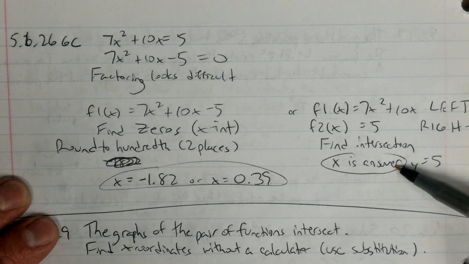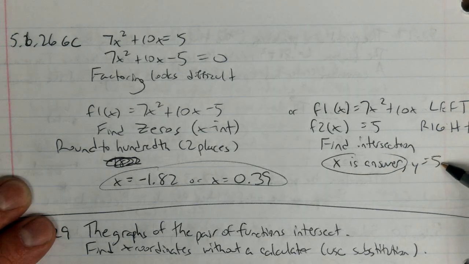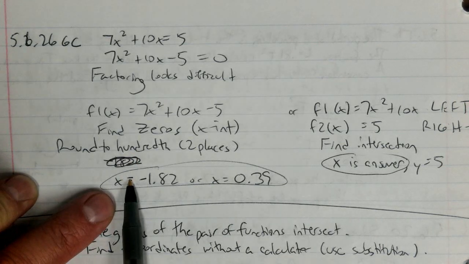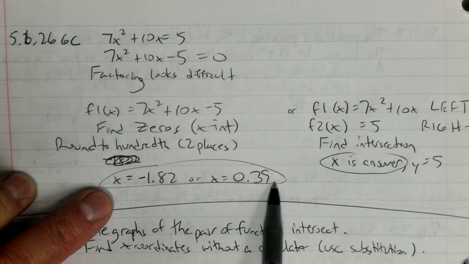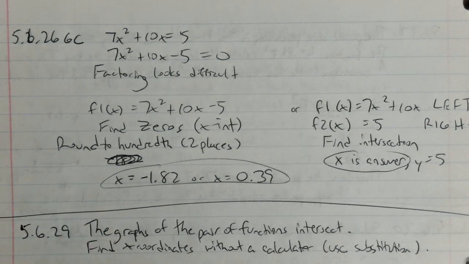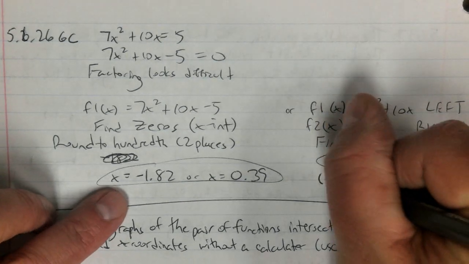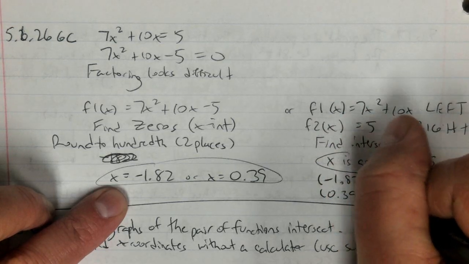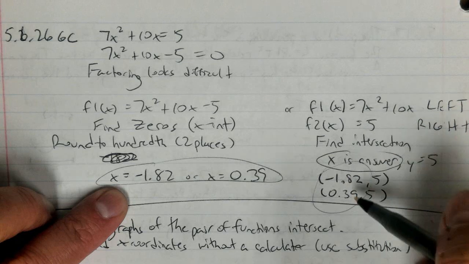X is your answer. Your Y would be 5, but your x would be negative 1.82 and 0.39. So it would have been negative 1.82 comma 5 and 0.39 comma 5. So the x part was your answer.